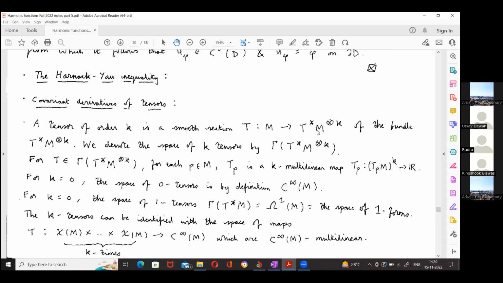So a tensor of order k just means that at each point p, I have a k-multilinear function from the tangent space to R. In particular, a differential form of order k is a tensor of order k. It's a special kind of tensor where the multilinear function at each point is alternating, right?